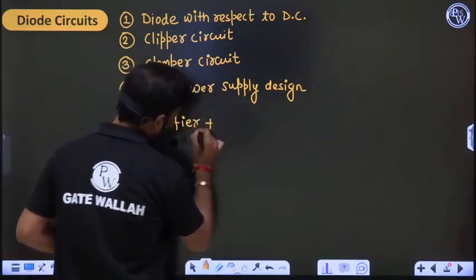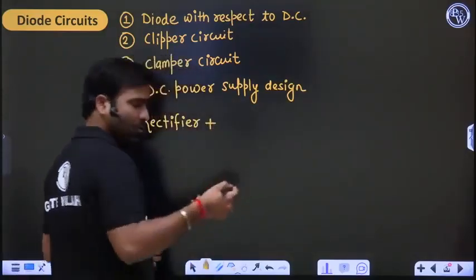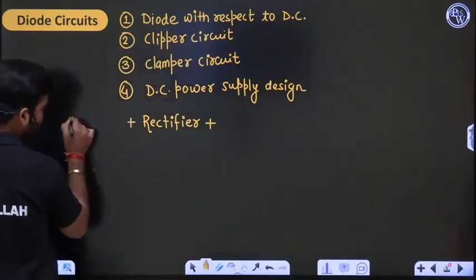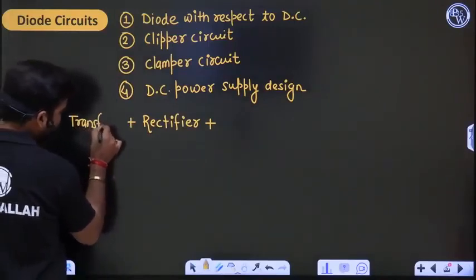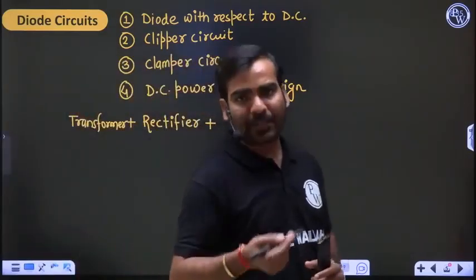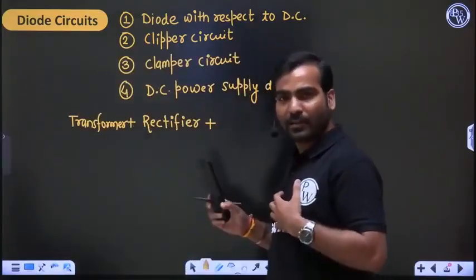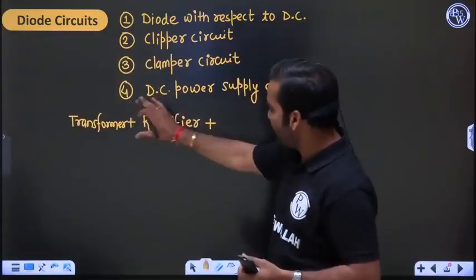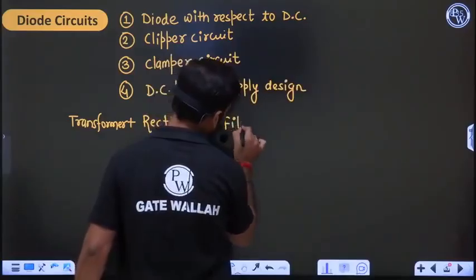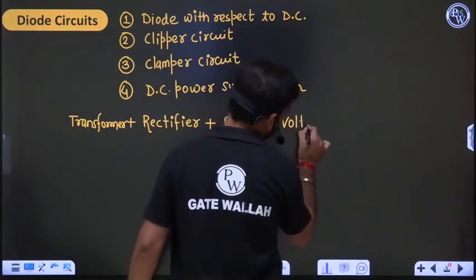Before the rectifier you will have a transformer, no doubt, but the transformer is not our topic, because its work is to step down the signal. That is the electrical branch, so the transformer is not in our syllabus. After the transformer we have the rectifier. After the rectifier you will have a filter, a low pass filter, and then a voltage regulator, that is the Zener voltage regulator.